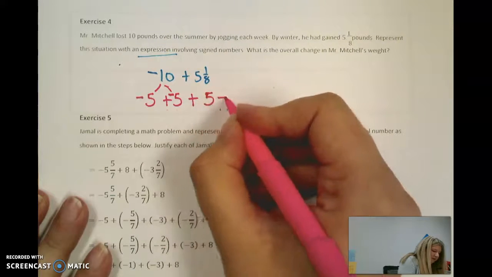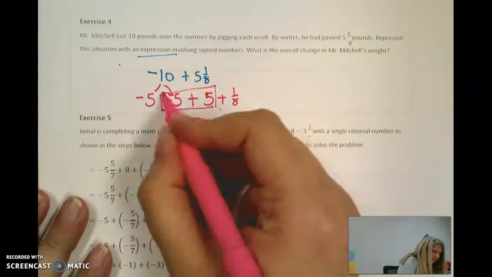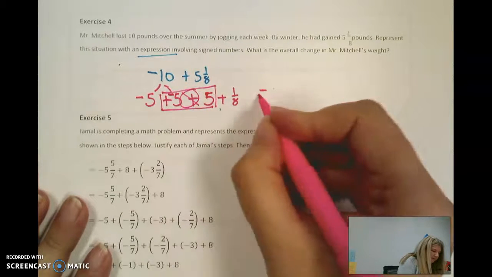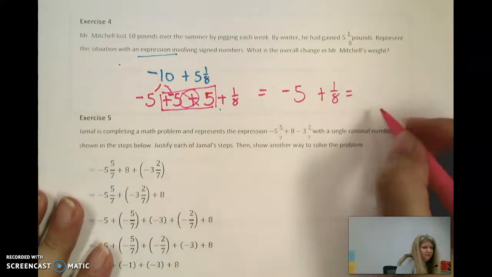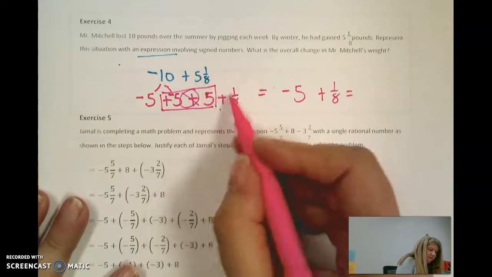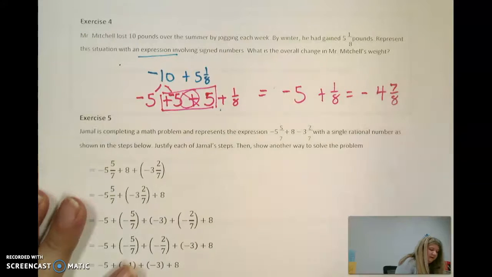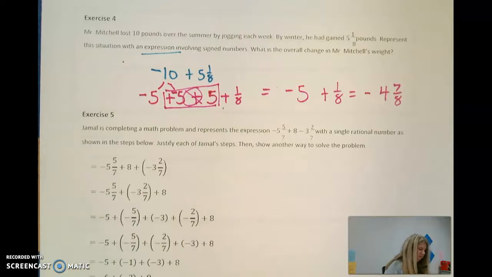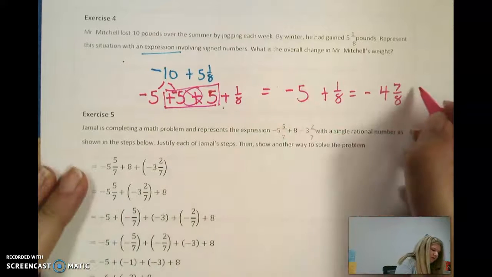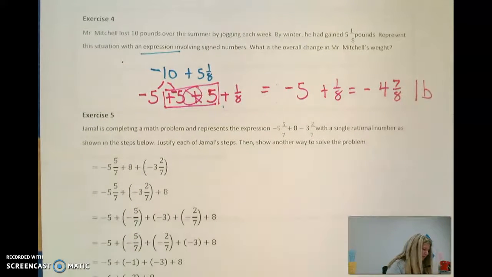Plus +5 plus 1/8. Now look here. This cancels. I have -5 plus 1/8, because that was a positive 1/8. So that's -4 and 7/8. All right. Oh, the overall change. That is his change. He lost 4 7/8 pounds.